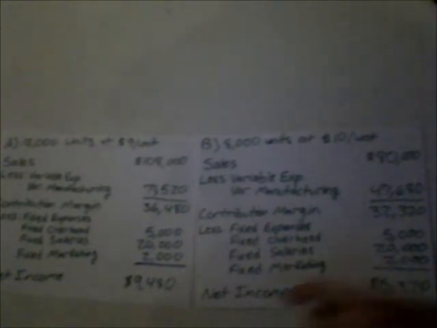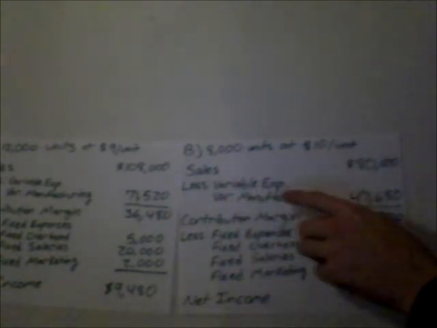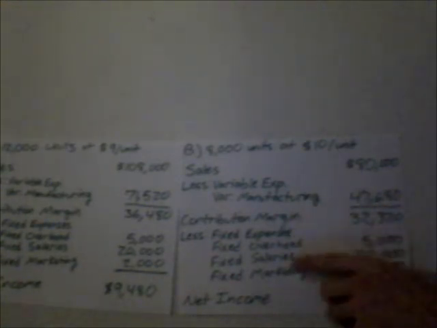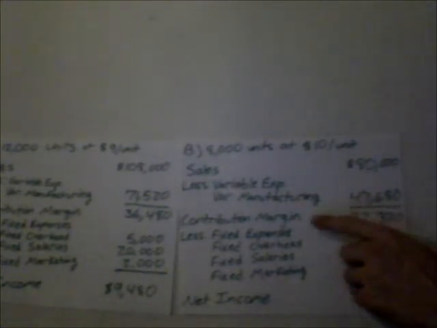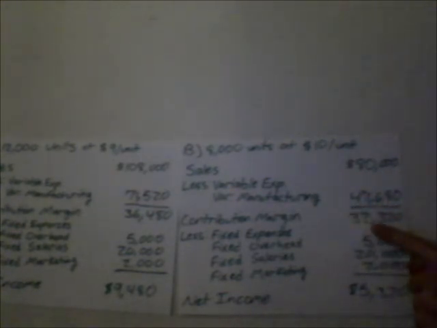In scenario B, we have 8,000 units sold at $10 per unit, which gives us total sales of $80,000. And if we apply the $5.96 variable cost per t-shirt, we have total variable manufacturing expenses of $47,680, giving us a contribution margin of $32,320.